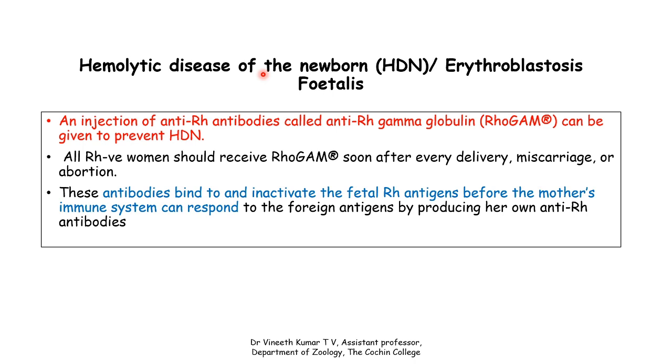So this triggering is blocked by these antibodies. They inactivate the fetal antigens before the mother's immune system responds to the foreign antigens by producing her own anti-Rh antibodies. This is how the hemolytic disease or erythroblastosis fetalis can be prevented.